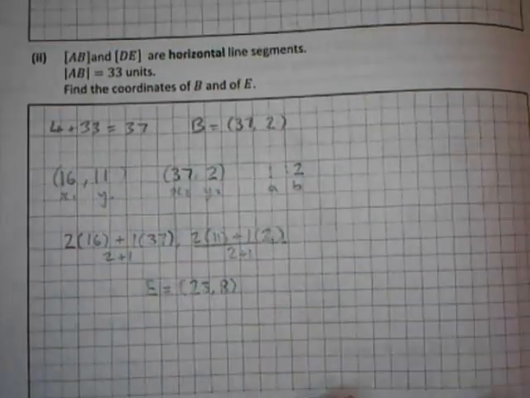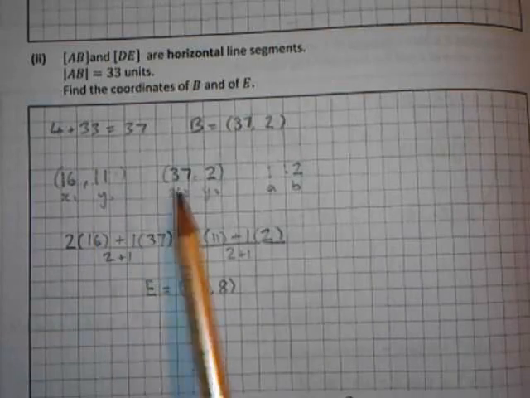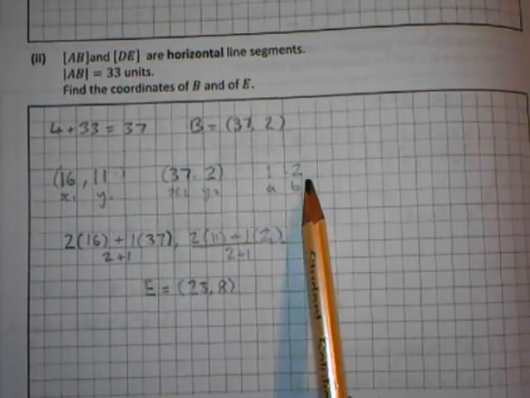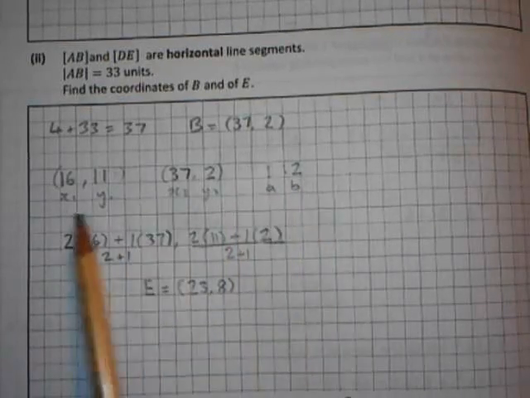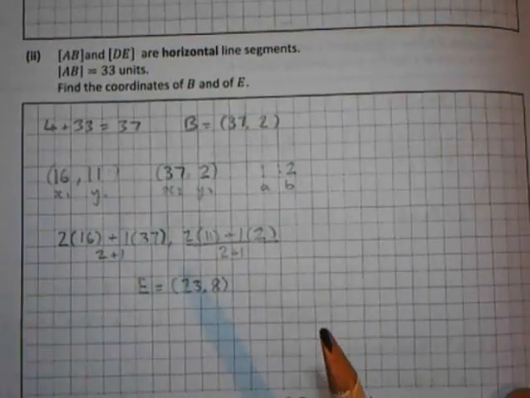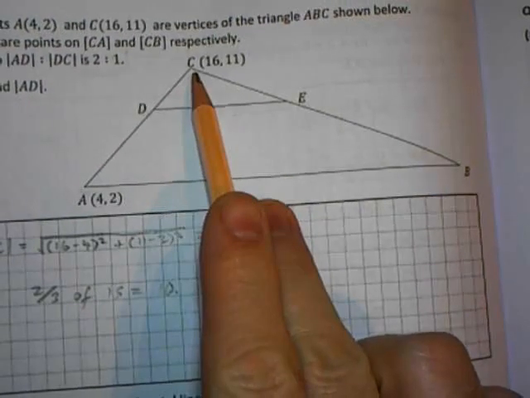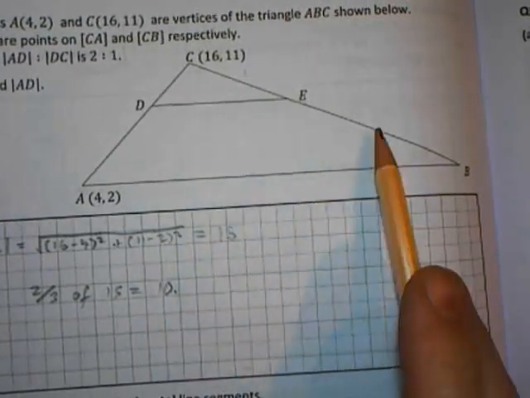x1, y1, x2, y2, a and b. Notice that it's 1 to 2, it's not 2 to 1 if you've got x1 and y1. If you look in the log tables at the actual formula, hopefully it'll be clear why that has to be the case. But if you go x1, y1 here, that's 1 and that's 2.